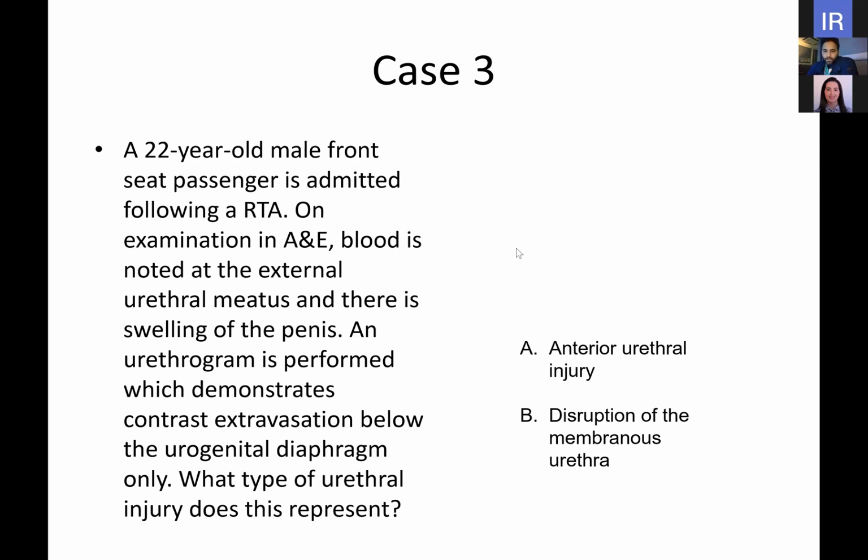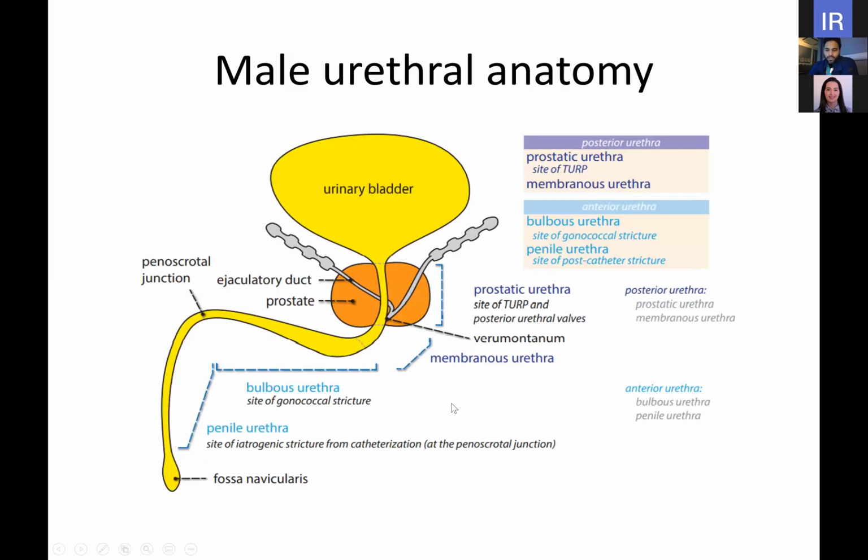So again, mixed responses in terms of the options, which is good. Hopefully you'll learn something from this discussion of case 3. So, a review of normal anatomy.